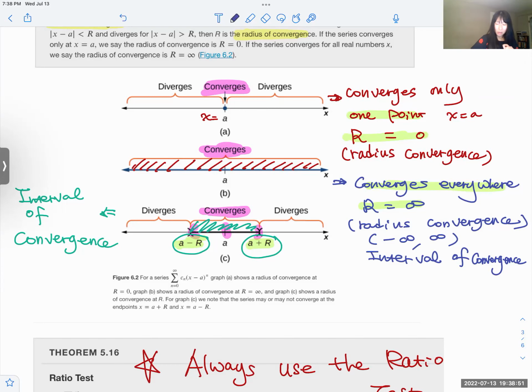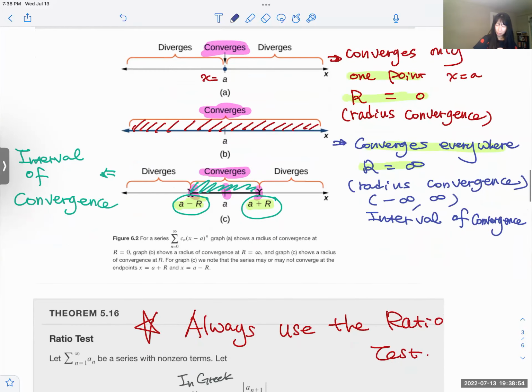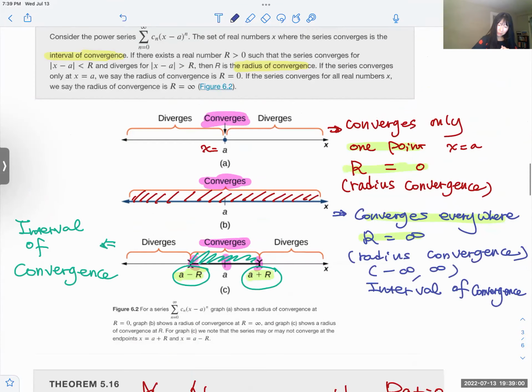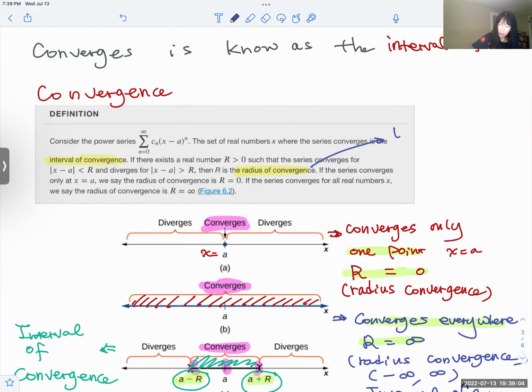So the radius of convergence, I should probably say it better: think of the length of the interval.